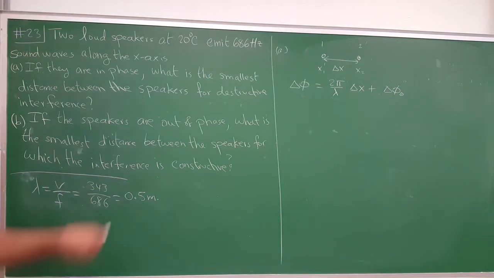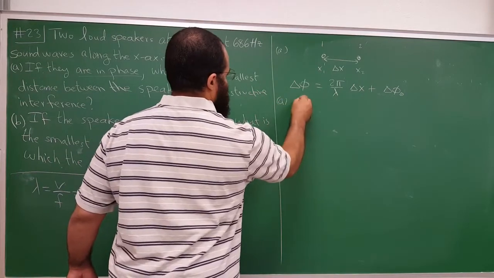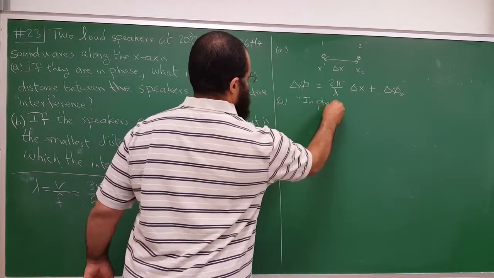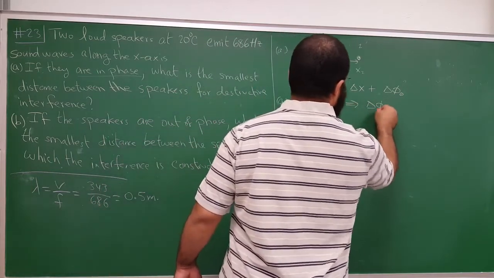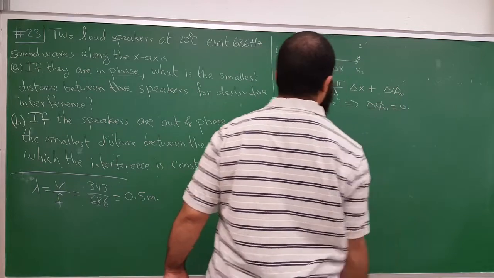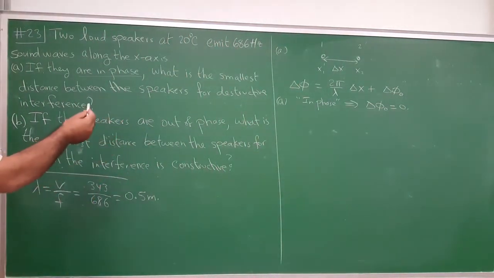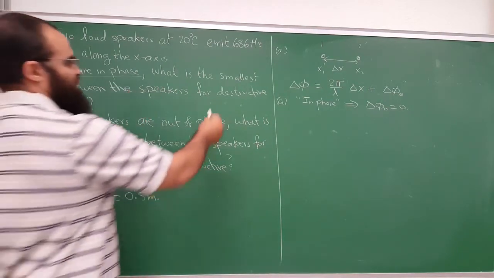So they say if they are in phase, so for part A, in phase, that means delta phi 0 is 0. What is the smallest distance between the speakers, that is delta x, for which the interference is destructive?